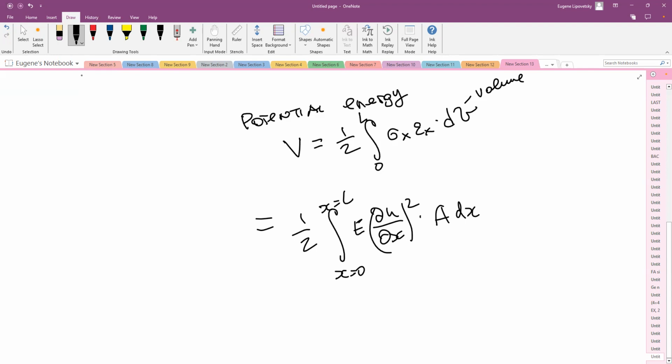All right, so far so good. Which is going to be, assuming A and E are constant, AE over 2, integral from x equals 0 to x equals L of du over dx squared dx.